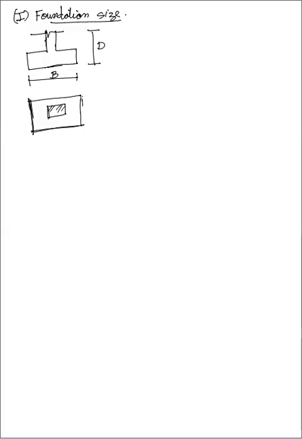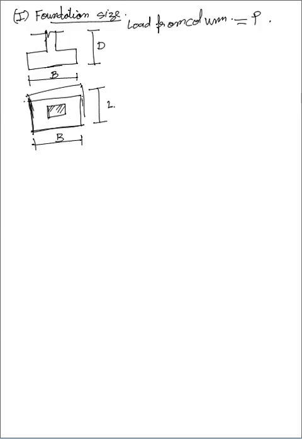This is your column. Now the load from the column is given as P. This is again your B and this I can say L. One is long, another is short.